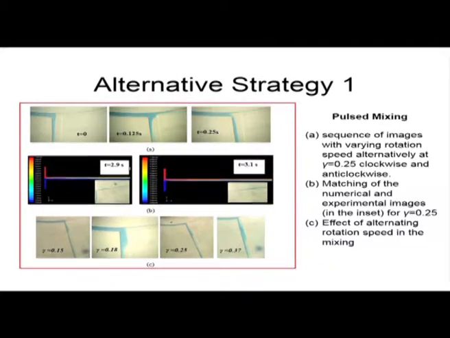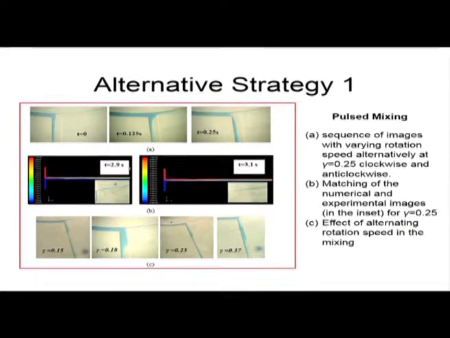There are other alternative strategies. We have discussed strategies in which you use the interplay of the centrifugal force and the Coriolis force, but there are others. You can use pulsed mixing, that is, instead of having the CD rotate in one direction, you make it rotate in different directions.